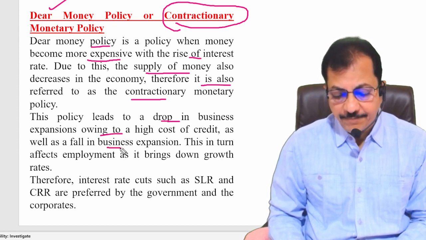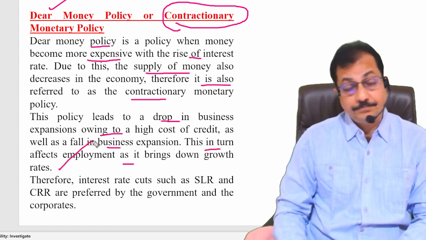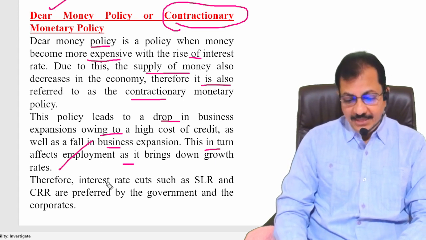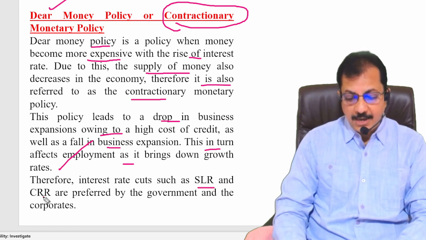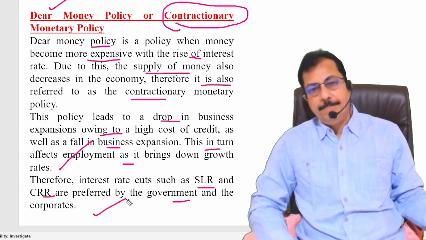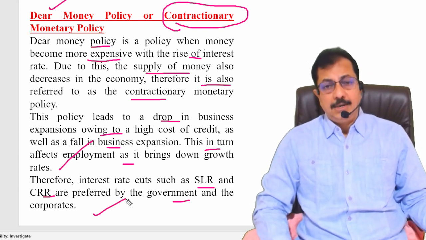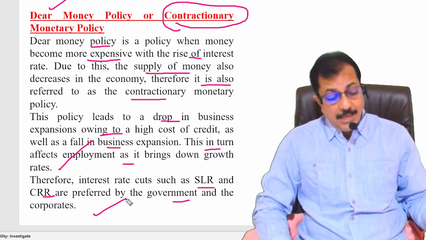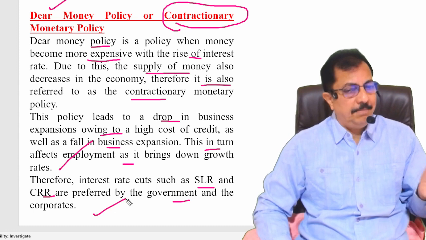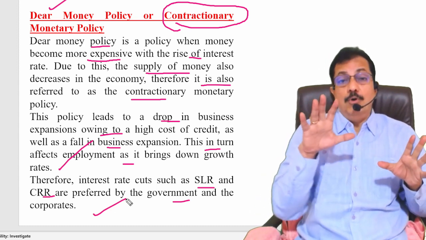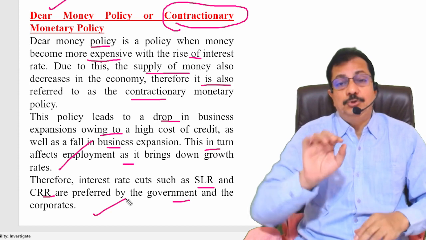This in turn affects employment as it brings down the growth rates. Consequences are there. Therefore, cuts in SLR and CRR are preferred by the government and corporates. Why? If SLR and CRR are cut, then the amount of money deposited by the banks with the RBI will come down. More money will be available with the banks to send into the market.